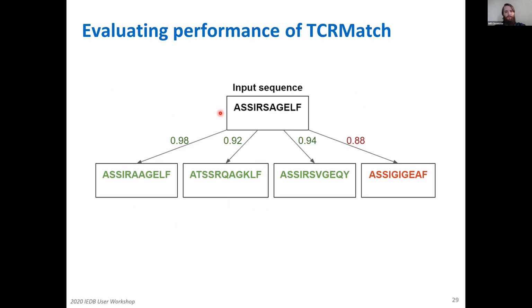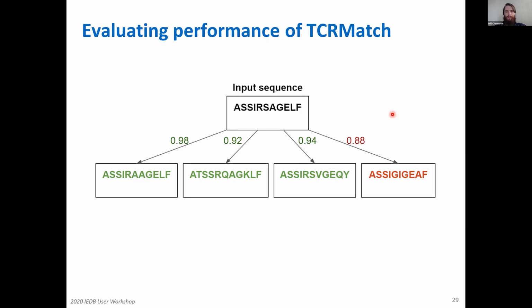Evaluating the performance of TCRMatch, we did that by seeing how well we did in testing the IEDB data against itself. We wanted to see if we recovered the same epitopes in the matches that were recognized by the input sequence. So we start by getting a score with every possible pair of sequences.